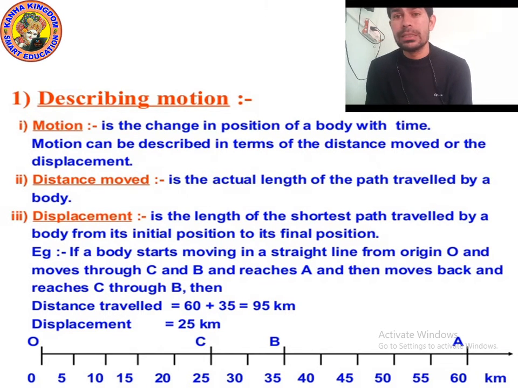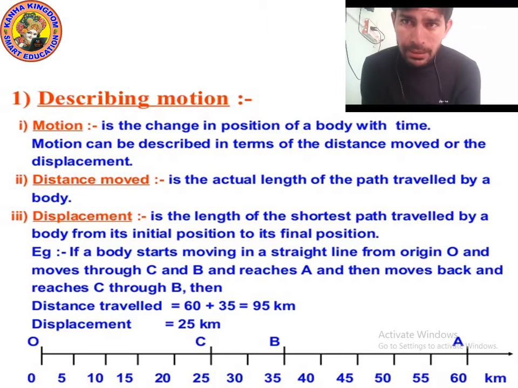For example, as you can see, if a body starts moving in a straight line from the origin O and moves through C and B and reaches A, then moves back and reaches C through B, then what will be the distance?